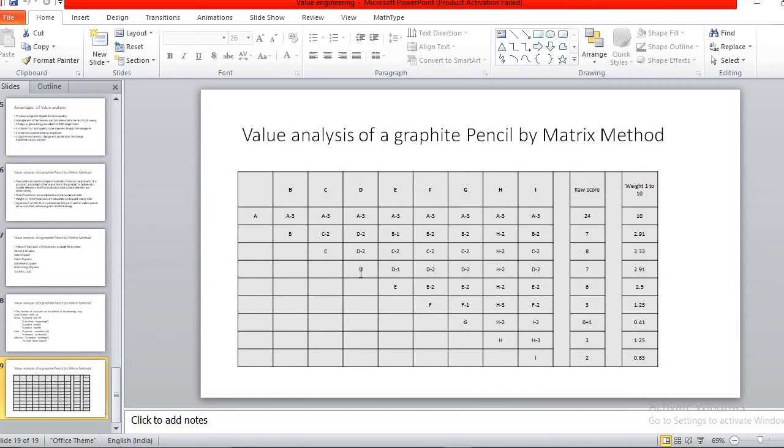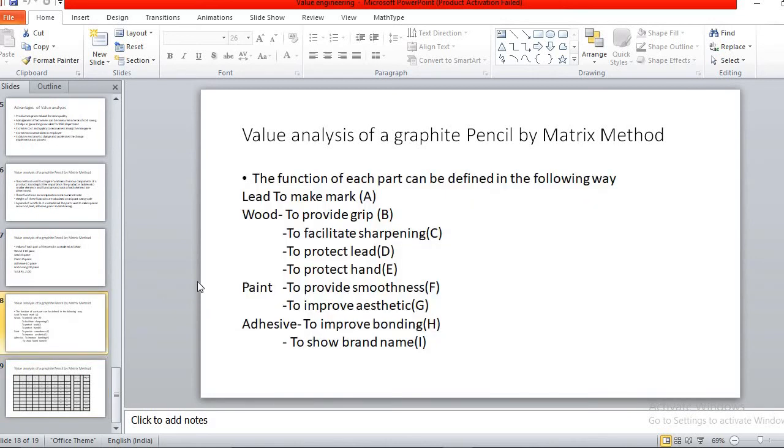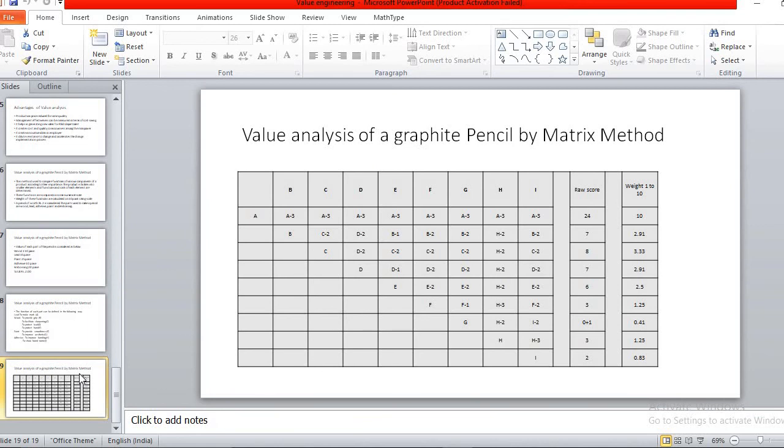Now for D, again correlation between D to E, D to F, D to G, D to H, and D to I. Again respective importance between D to E is given to D. D is related to protect lead, E is related to protect hand. So weight is given to D1, like that.